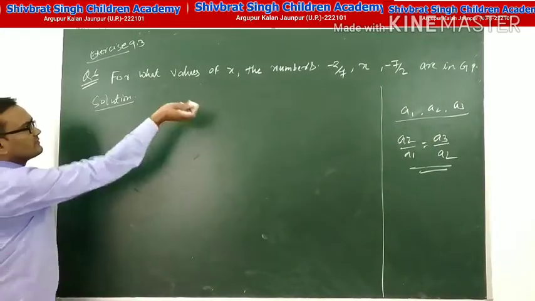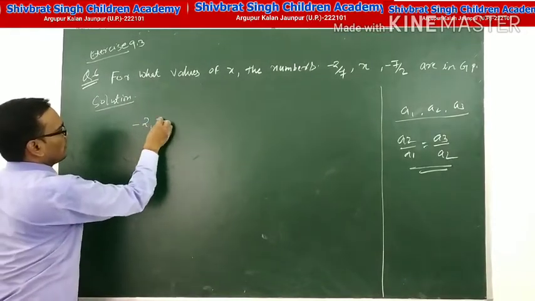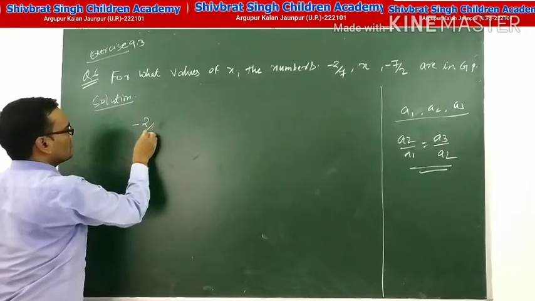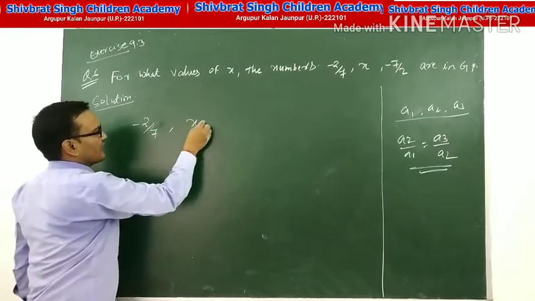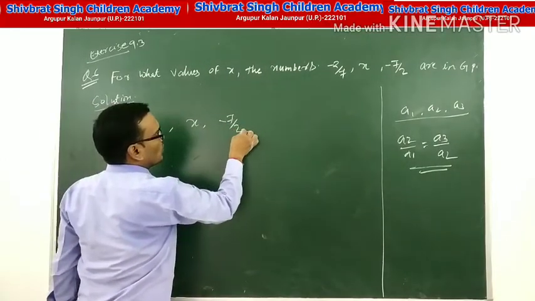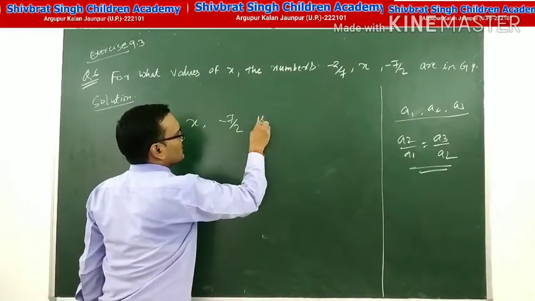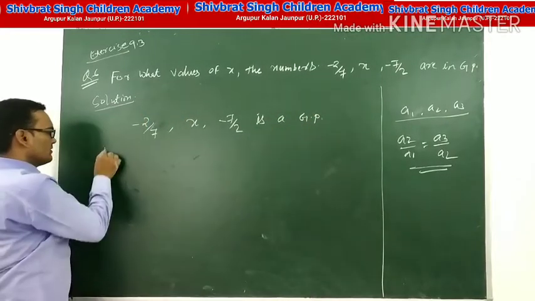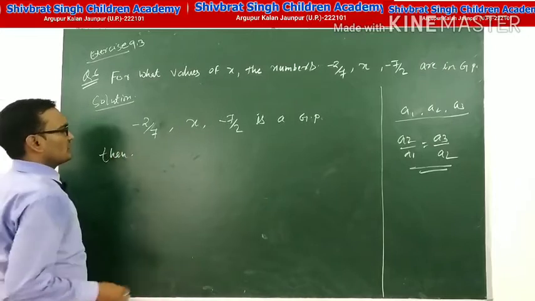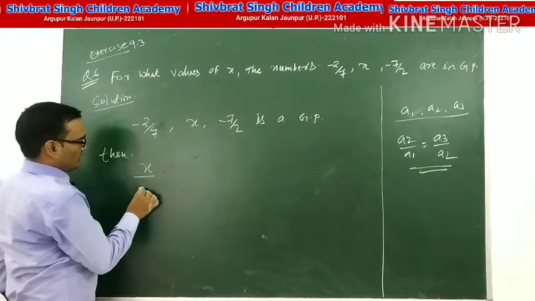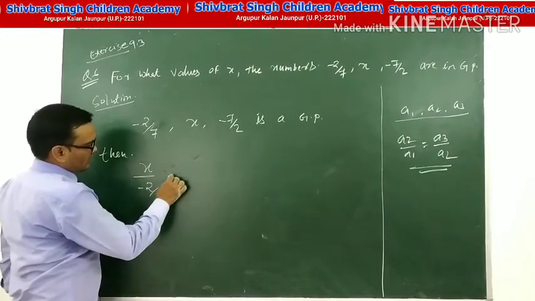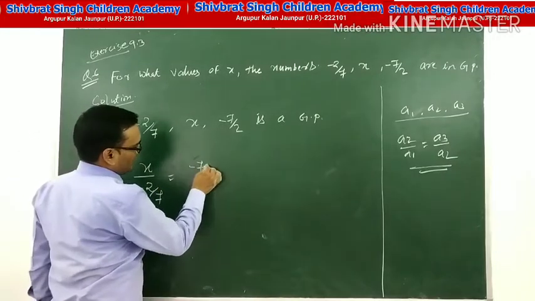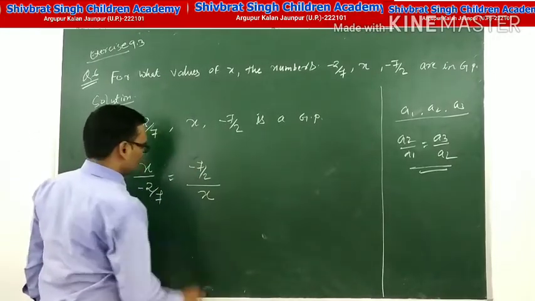Here -2/7, x, -7/2 is a GP. Then x upon (-2/7) is equal to (-7/2) upon x.